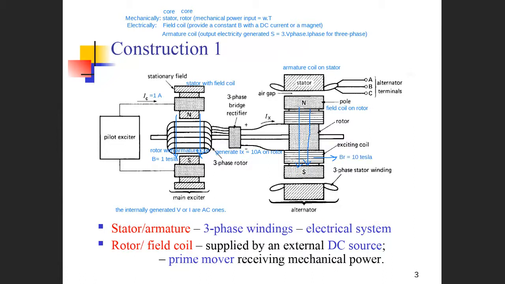For example, because we have 10 amperes here, we generate a magnetic field of, say, 10 Tesla here, and the output current and voltage will be very high. That's the meaning of it. So we have a constant magnetic field generated by the field coils installed on the rotors.